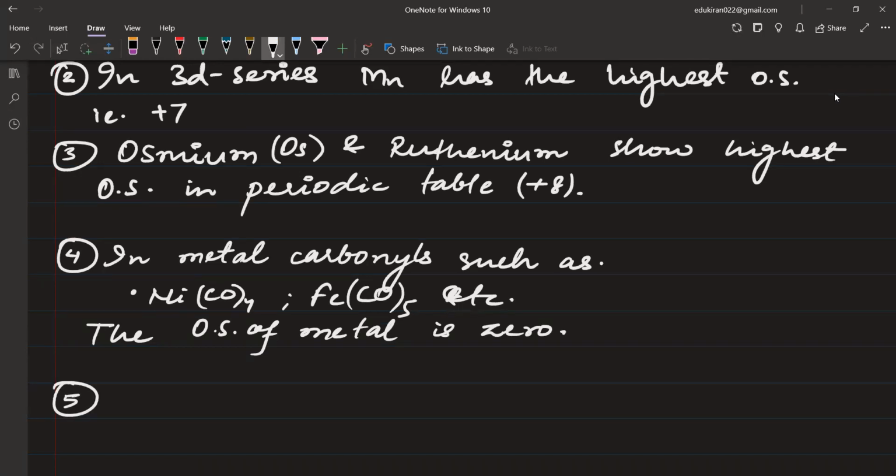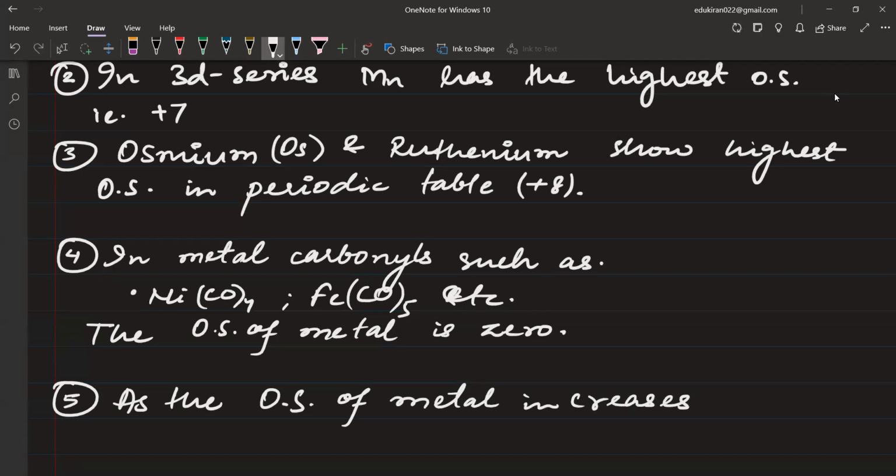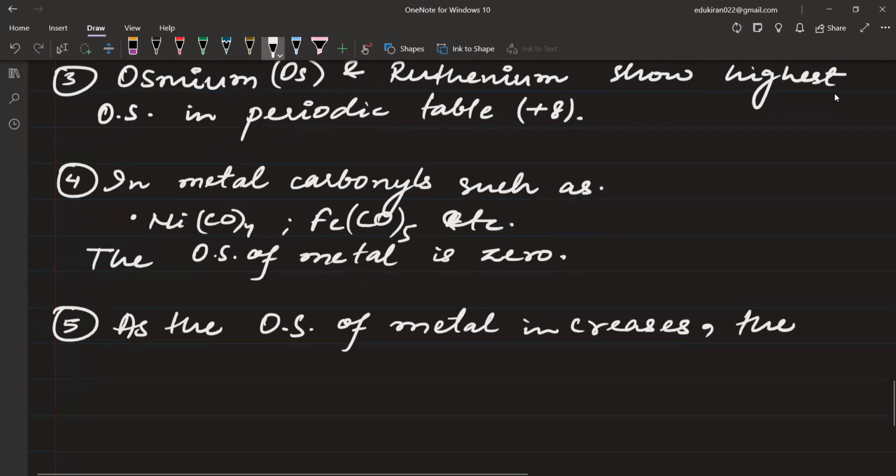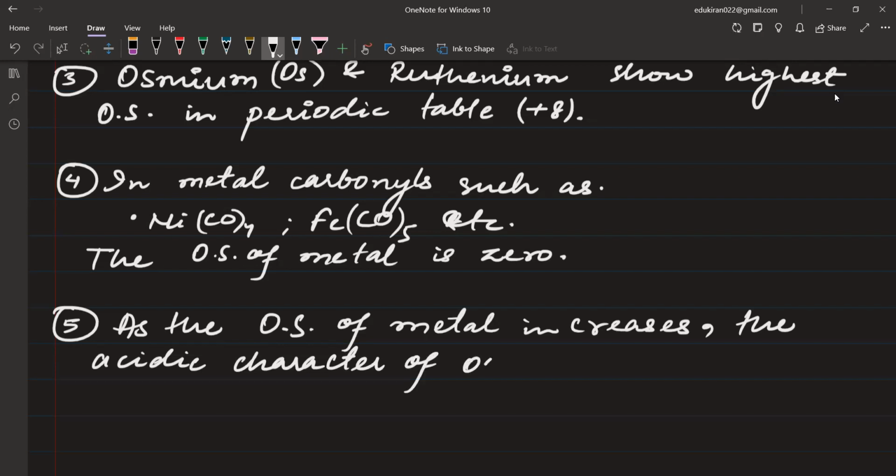Right, the fifth point. As the oxidation state of the metal increases, the acidic character of oxides increases.